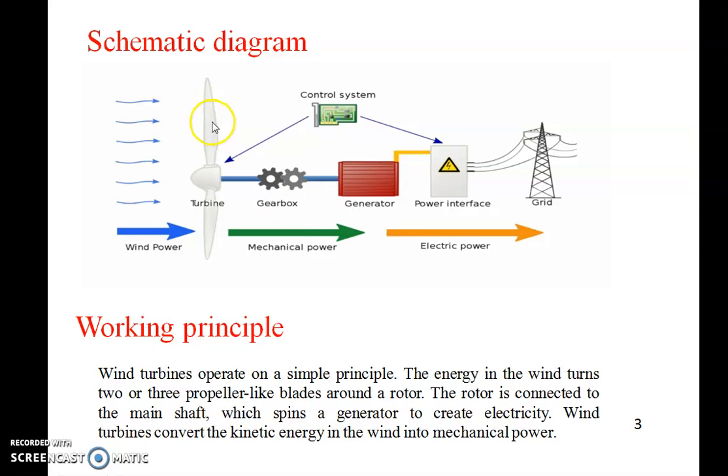So for this turbine, we are applying the wind power. Due to the application of wind power, the wind turbine is going to rotate. Now this wind turbine is connected to the gearbox, generator, and the different power systems. As we know, the wind always flows from high pressure to low pressure due to the sun as well as the land system.